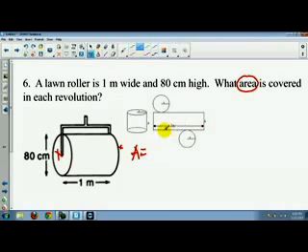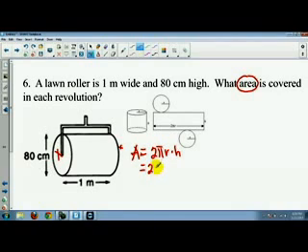Now here the length is 2 pi r, which is the circumference of one of the bases, and the height can be represented by the width, right? Therefore we need to find the radius. So looking at the given illustration, since the diameter is 80 centimeters, then the radius is half of it.